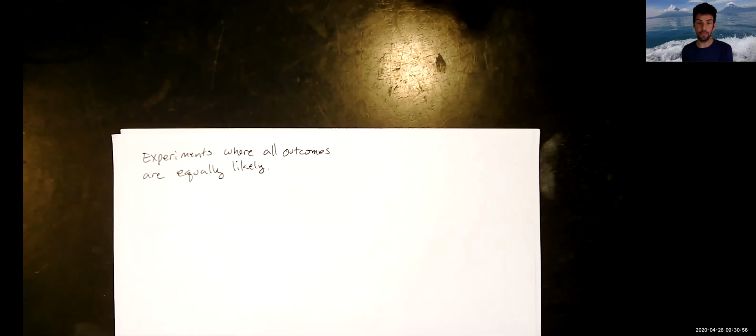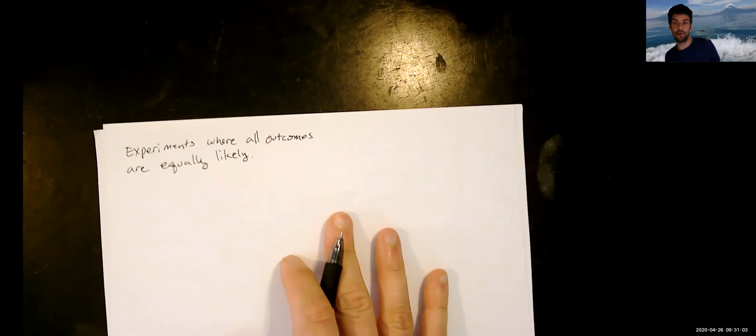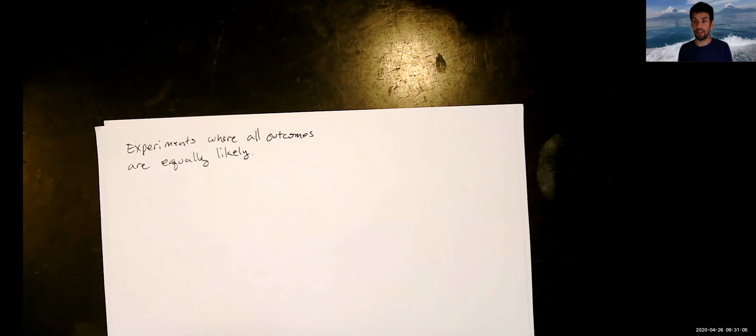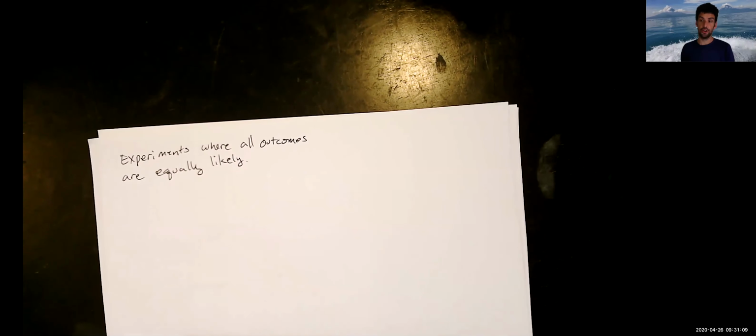Right? Each possible outcome in the sample space, everything we write in the sample space, has the same probability of happening. Okay, so flipping a coin is 1.